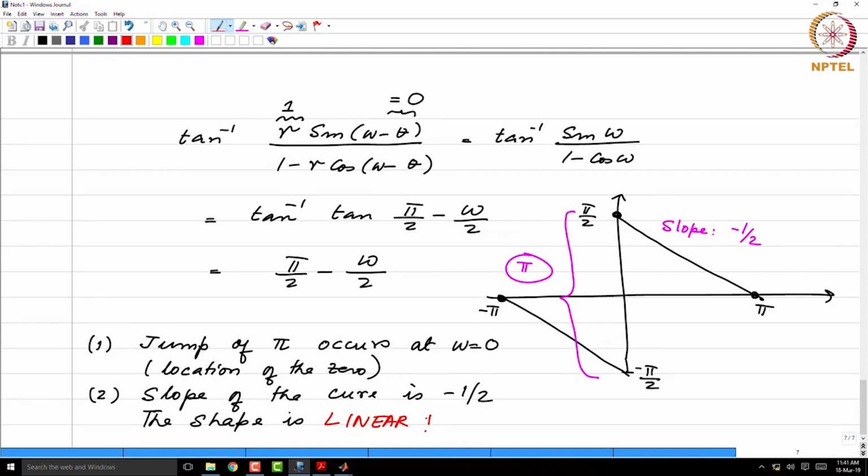All right. So, these are the inferences you can draw from the phase response.